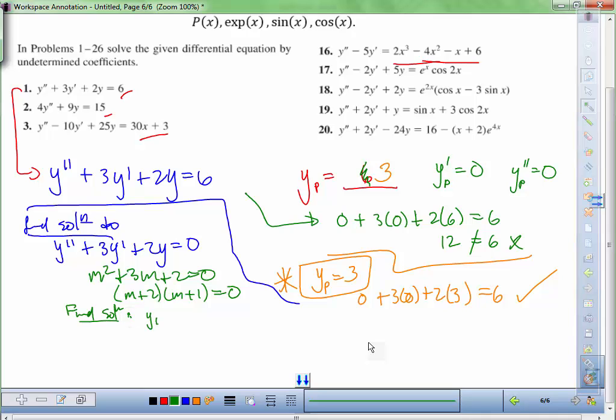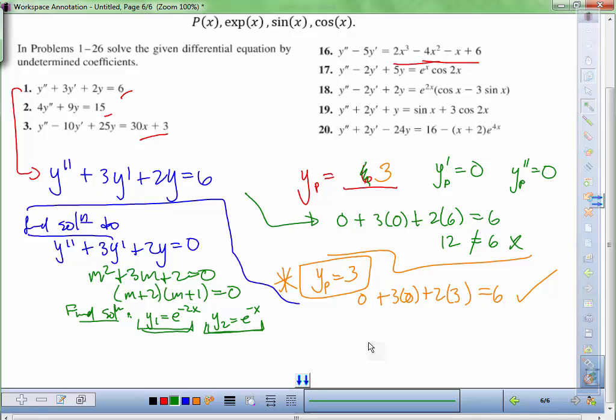Let's call it y1 is equal to e to the -2x, and y2 is equal to e to the -1x. So now you have your fundamental solution to your homogeneous differential equation.